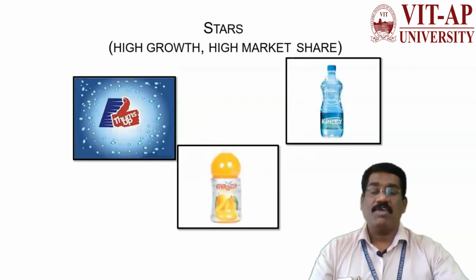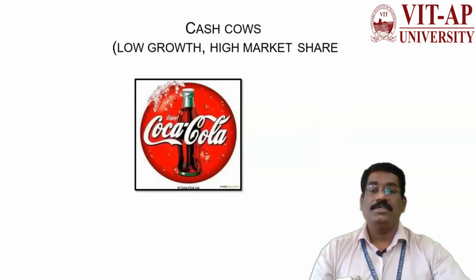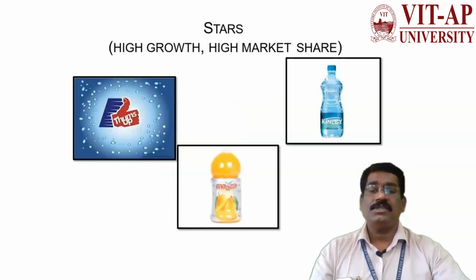The next one is Stars. If you look at products like Thums Up of the Coca-Cola Company, Maaza and Kinley, they have high growth and high market share. That's why these products are naturally doing well, and we could also include the carbonated category called Coca-Cola under this category. Okay, next one is the cola.